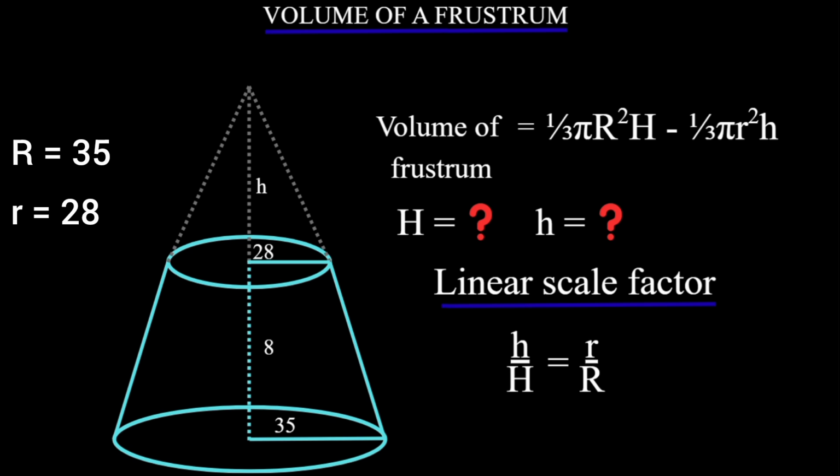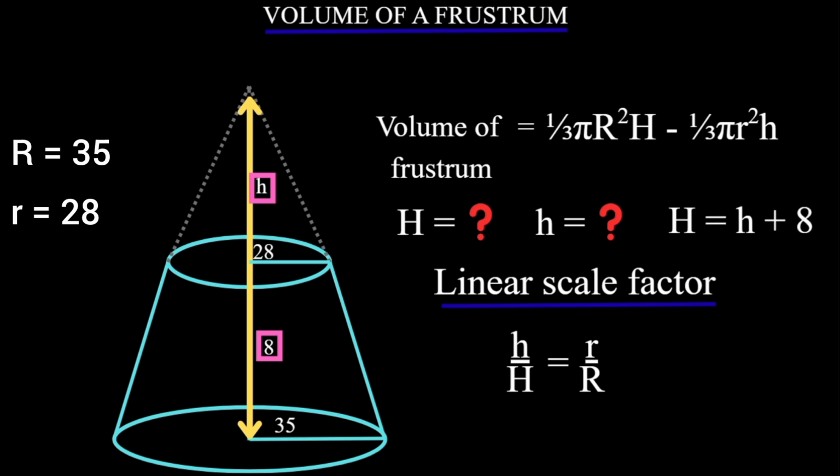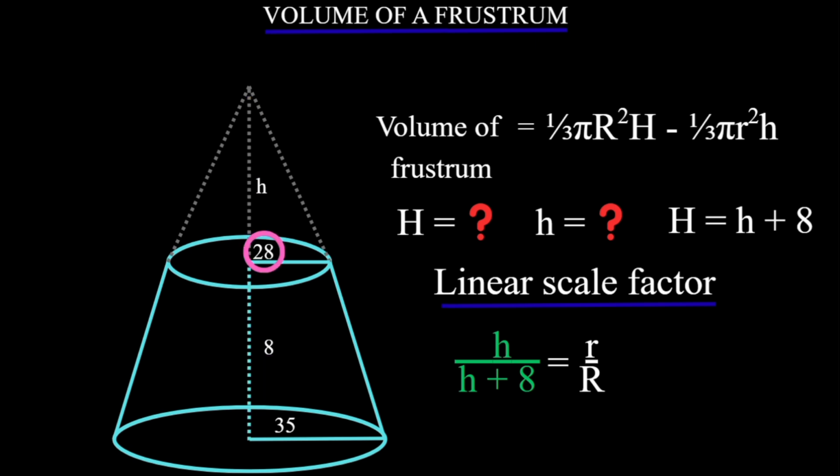Then for our capital H, we get it by basically adding this h and this 8. So capital H shall be equal to small h plus 8. So we replace it and we have h plus 8. Then for small r, it is this 28. Then capital R is the largest radius, which is 35.